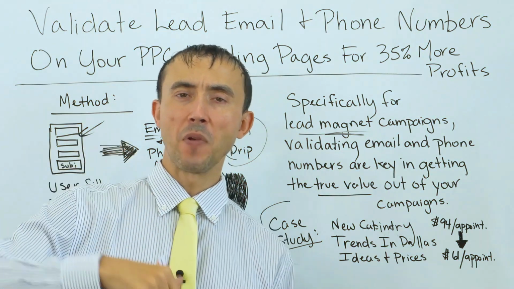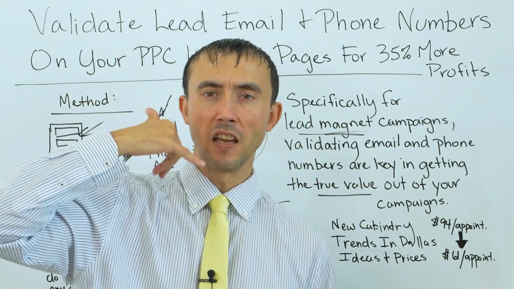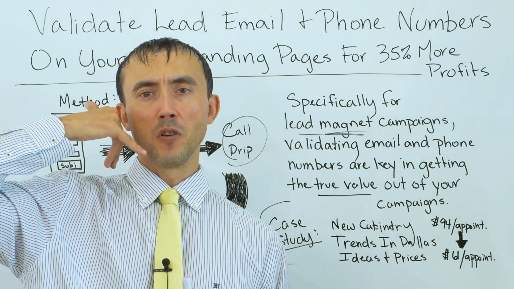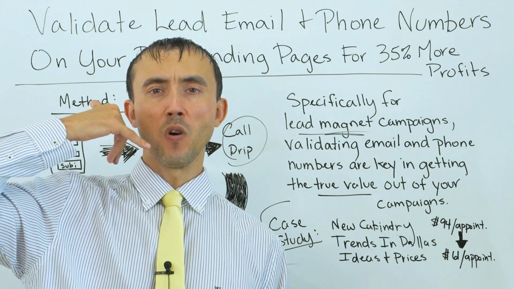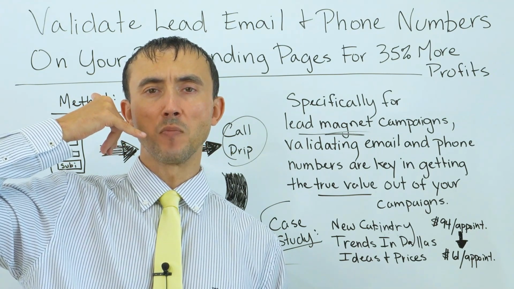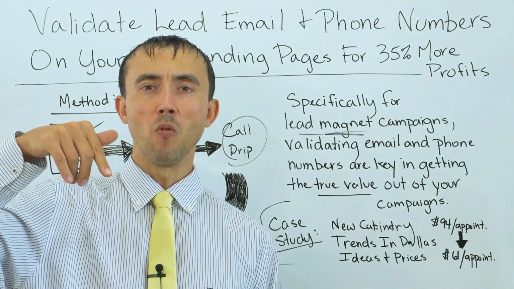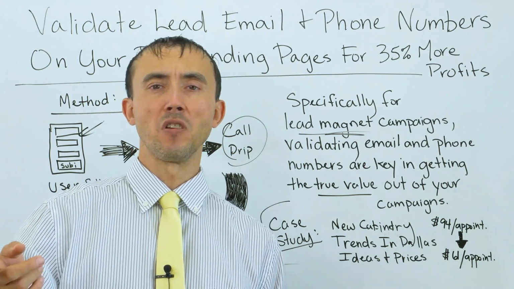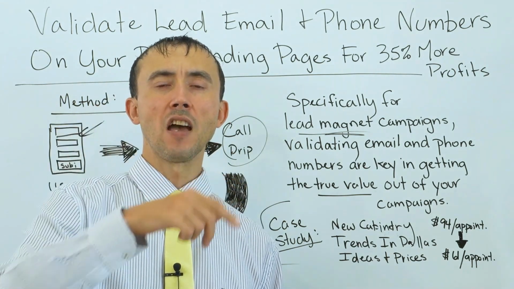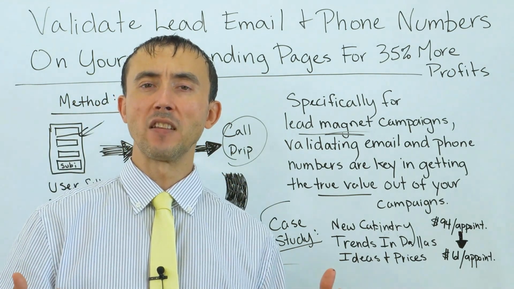The salesperson will get a call that says, you got a call from your lead magnet campaign. Press 1 to get in contact with John Smith, who filled out the form. You hit 1 and then it calls that user who filled out the form for that salesperson, connecting them immediately.